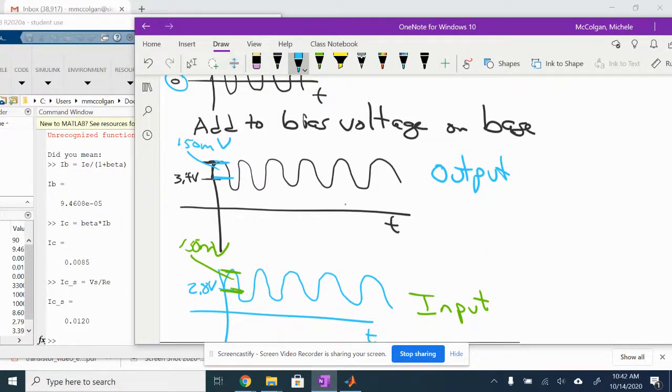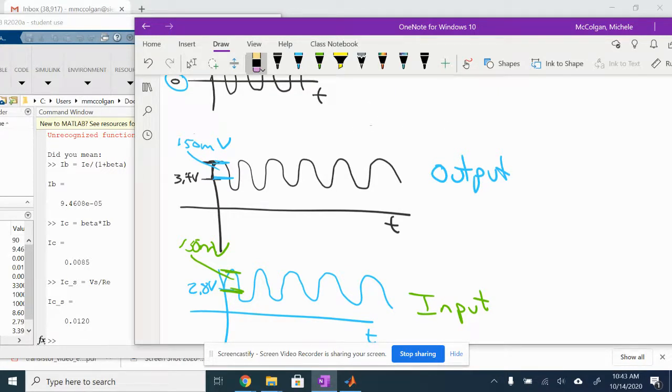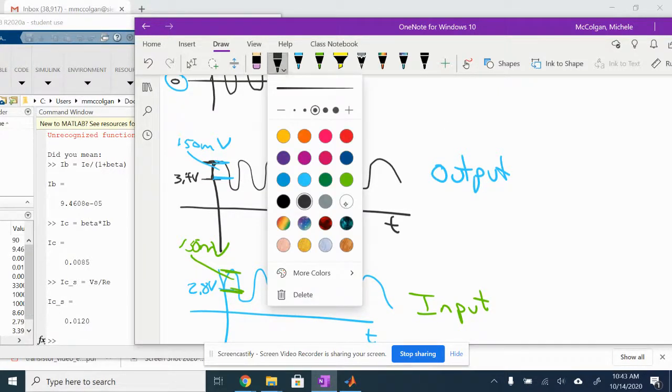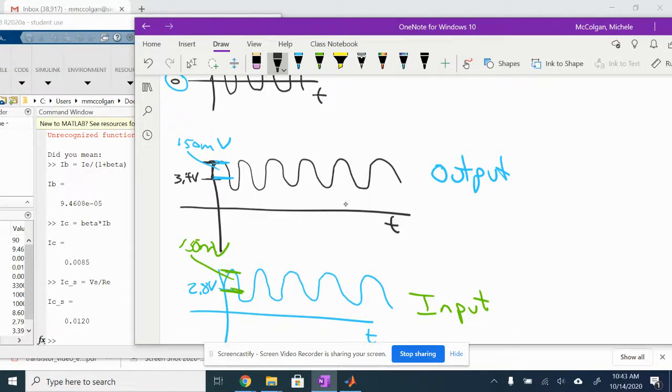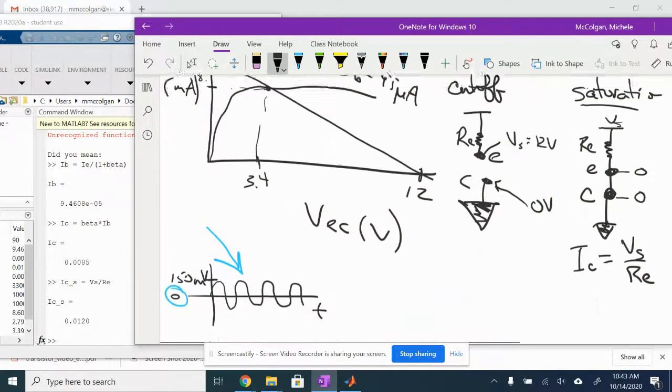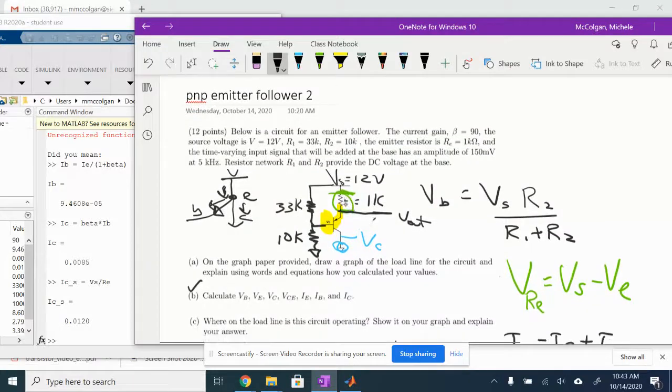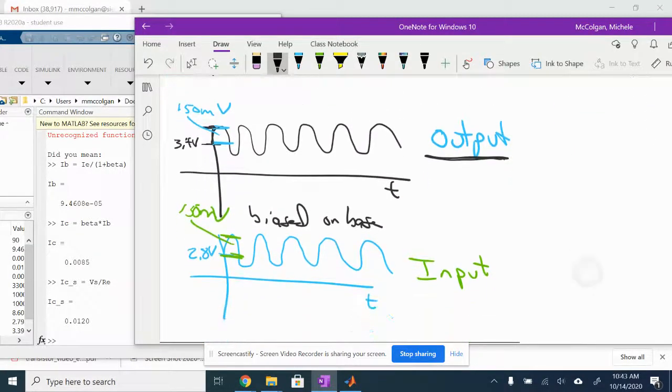So I've biased it on the base in this case, and then this is my output right here. This is what comes out of this spot right here. That's the signal that comes out right here.